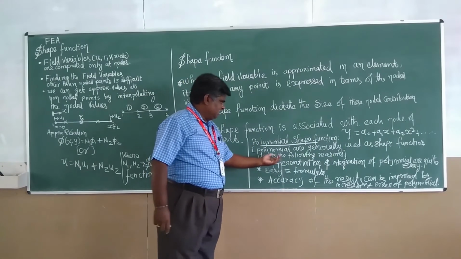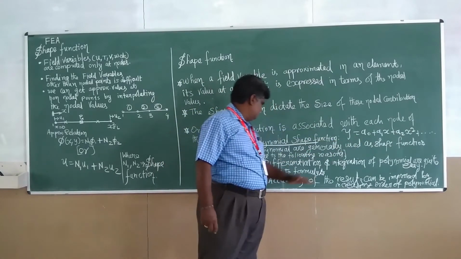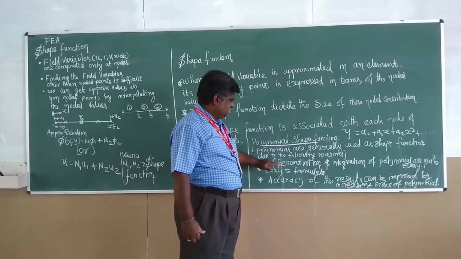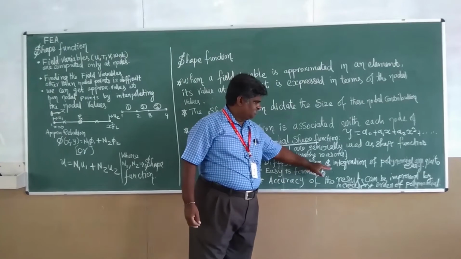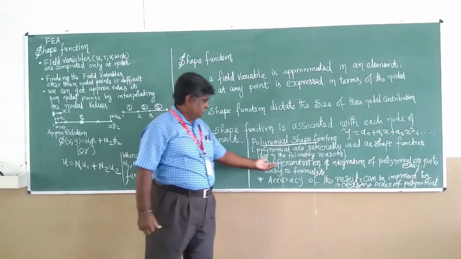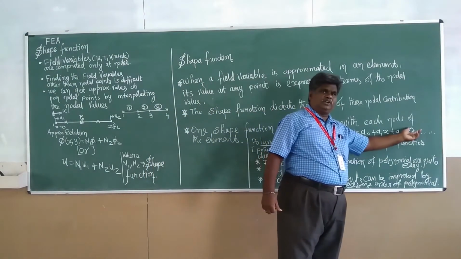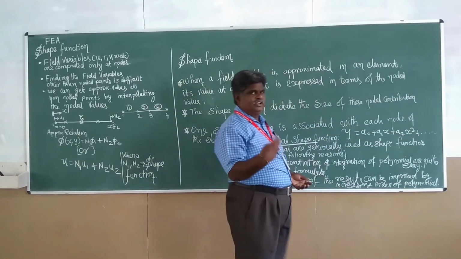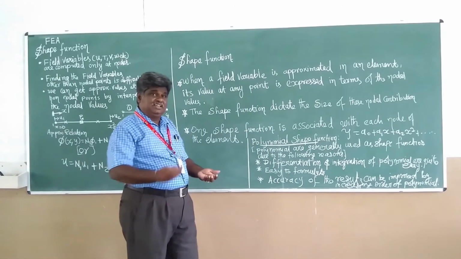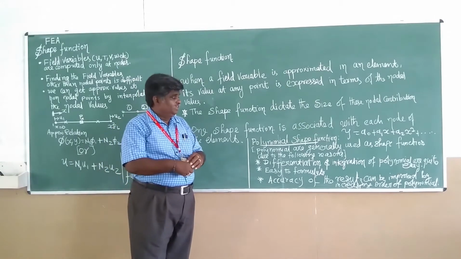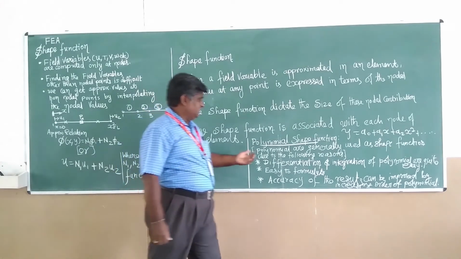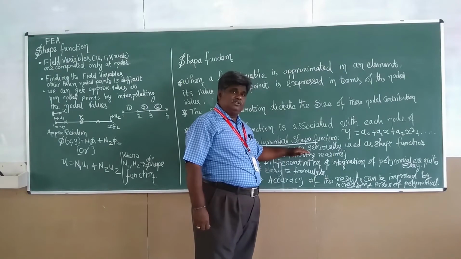Polynomials are generally used as shape functions for the following reasons. First, differentiation and integration of a polynomial is quite easy, since only x and x square terms appear. With a trigonometric function, sine and cosine terms appear, which are very difficult to integrate or differentiate. That is why we frequently use polynomials.